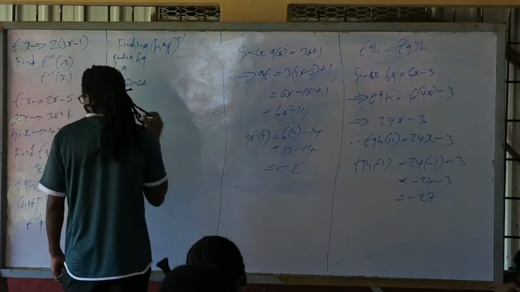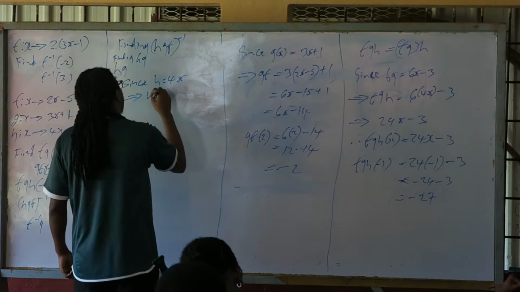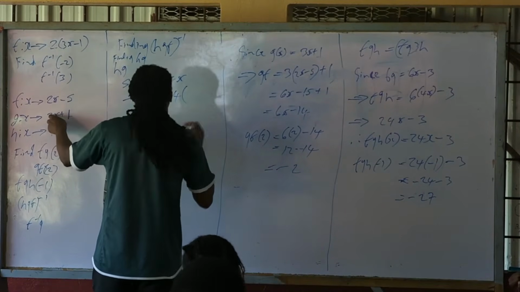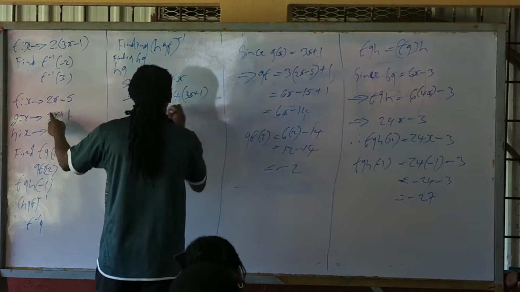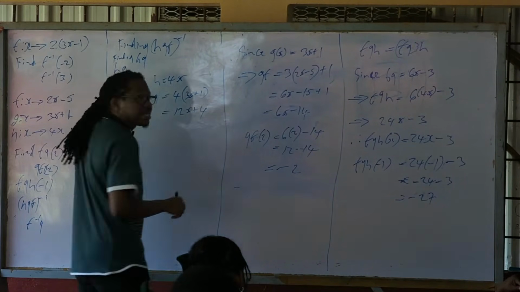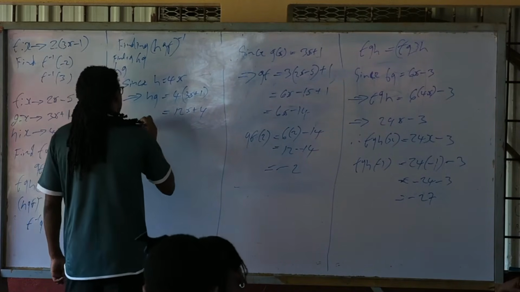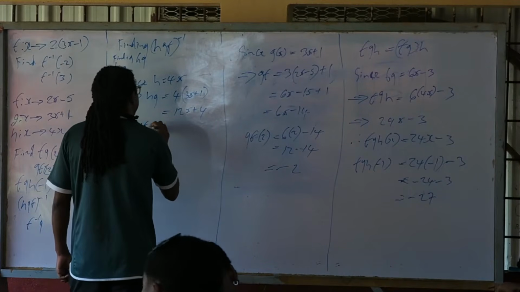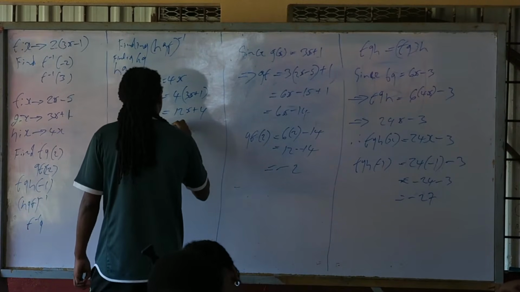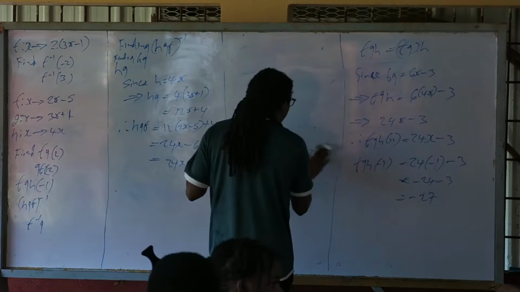Since h equal 4x, it implies that h of g equal 4 bracket 3x plus 1 equal 12x plus 4. Everybody see that? Therefore, h of g of f equals 12x, what is g? What is f?